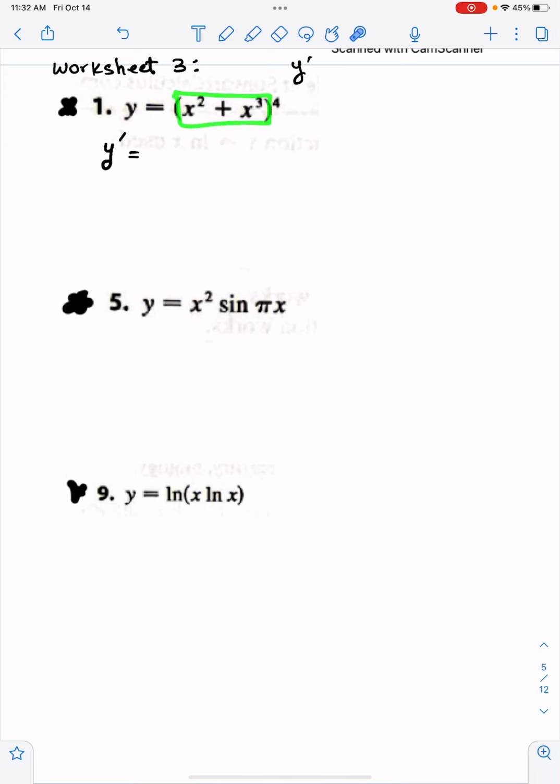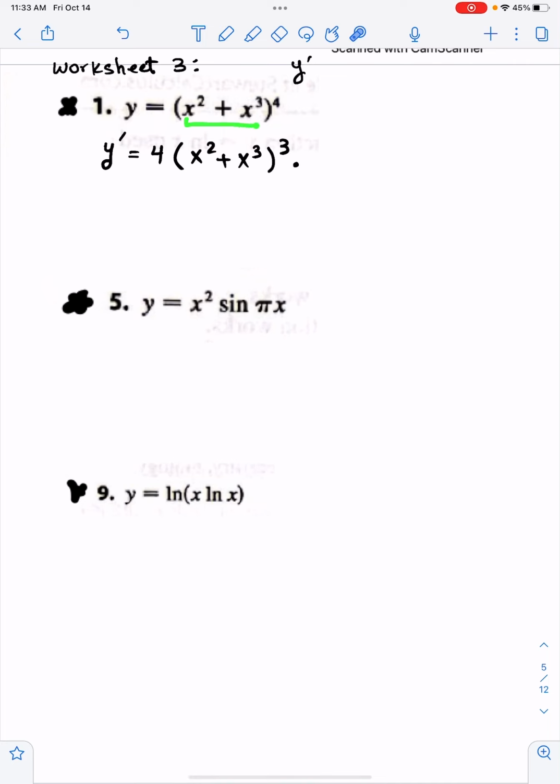By the chain rule, we take the derivative of the box, which means you bring the 4 to the front and subtract 1, and then multiply by the derivative of the inside. So that would be 4 times (x squared plus x cubed) to the power 3. That's the outside function. The chain rule says multiply by the derivative of the inside.